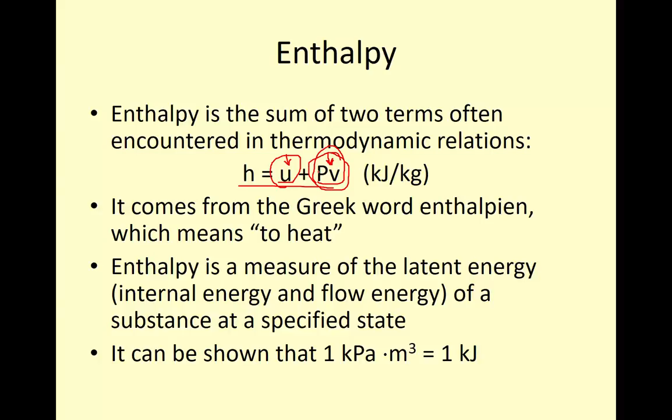As this gas expands, if the pressure is allowed to remain constant and the gas is allowed to expand freely, meaning it's in a piston cylinder device and it's not restricted in a closed cylinder, then we can easily calculate this term just by knowing how much the gas expands to fill the space. Okay, so again, this enthalpy is also called the latent energy.